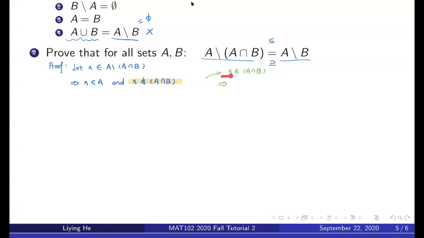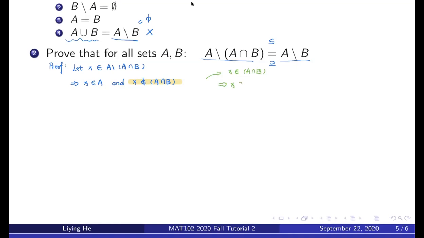So back to here. If I give you x is an element of A intersect B, what does that mean? X is in A and X is in B. Okay, this is really important.